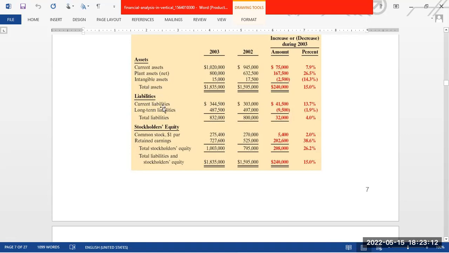Then liabilities, we have current liabilities, long-term liabilities, total liabilities summing up to 832,000. Then stockholders' equity, which has common stock, which is $1 par. Then retained earnings, which is 727. Then we have total stockholders' equity of 1 million. Then you have total liabilities plus total stockholders' equity.